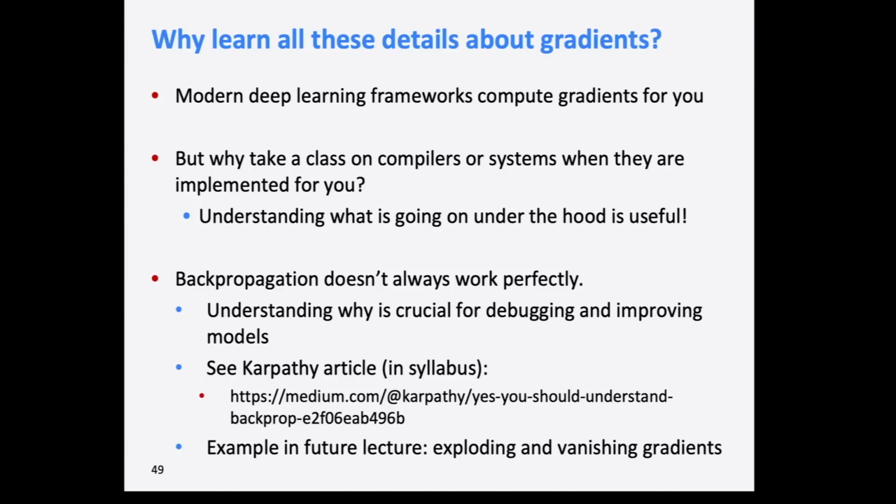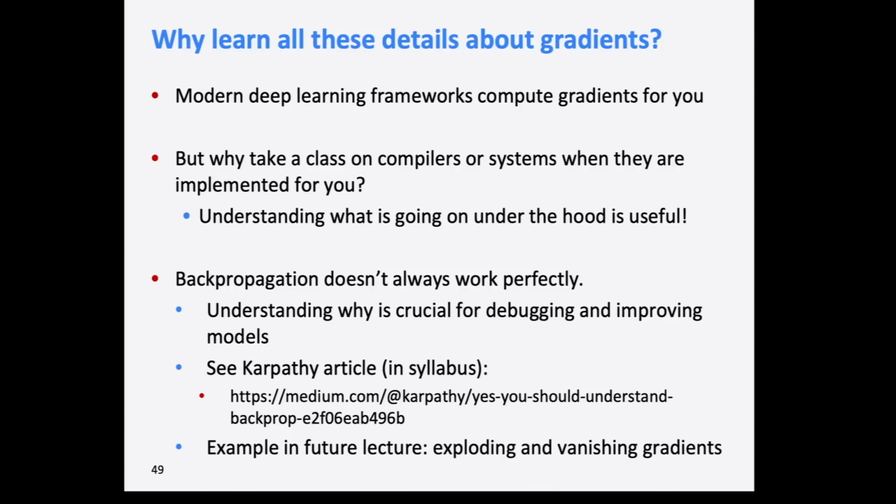We make you suffer in homework 2, but in homework 3, you can have your gradients computed for you. But it's like asking why you should take a class on compilers. There's something useful in understanding what goes on under the hood, even though most of the time we're perfectly happy to let the C compiler do its thing without being experts on x86 assembler every day of the week.